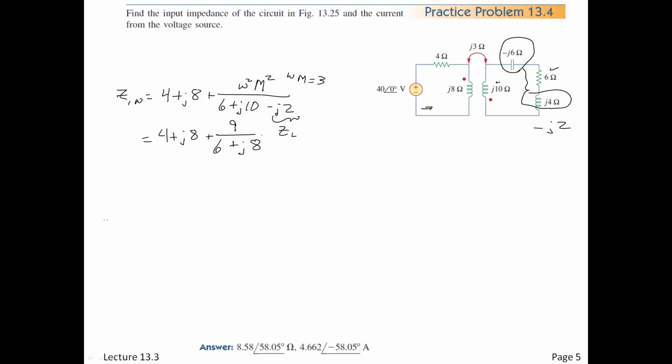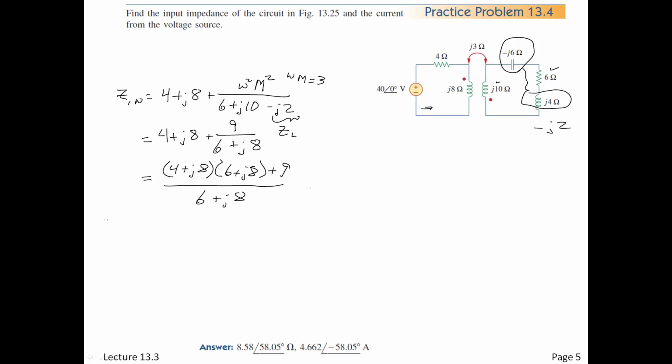All right. So if we do all of this math, which we will here, we can do this quickly. We're going to get 4 plus j8 times 6 plus j8 plus 9 over 6 plus j8.